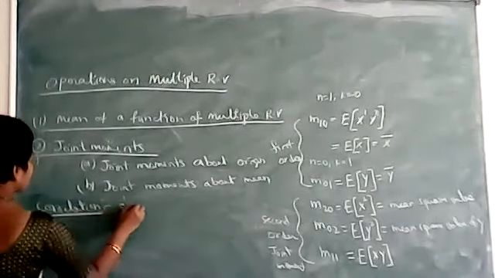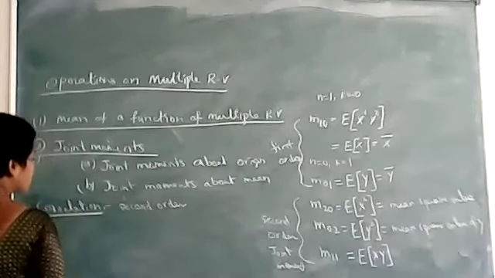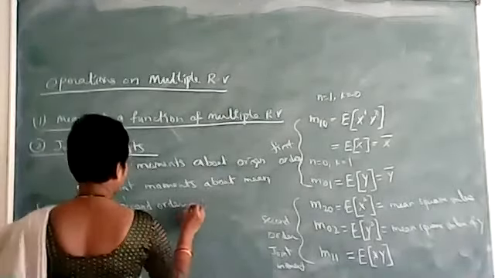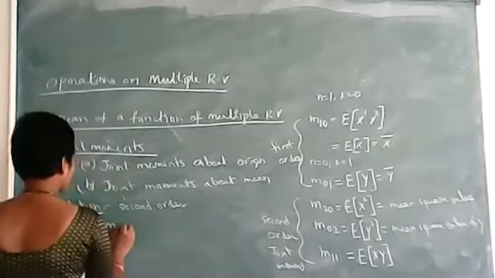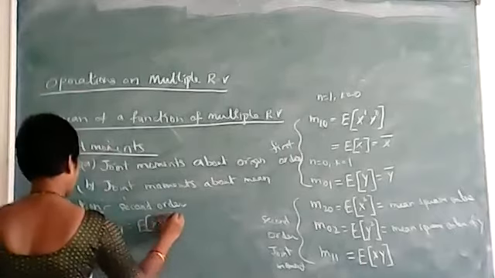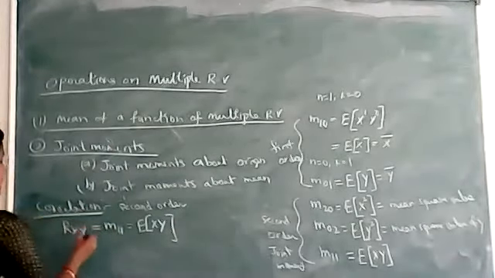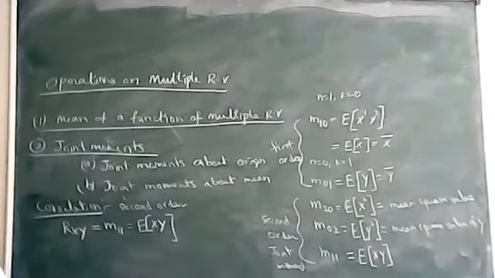Correlation is the second order joint moment about the origin. So that is M11, the expected value of xy. This we denote as Rxy. Rxy is equal to M11, that is equal to expected value of xy.